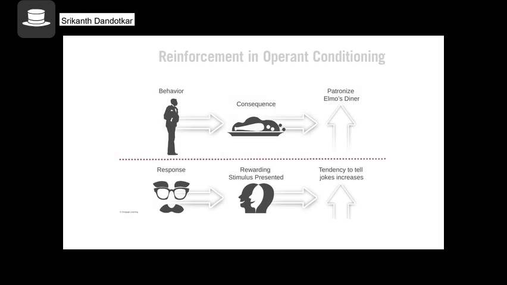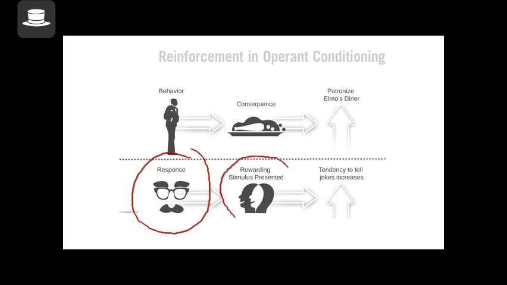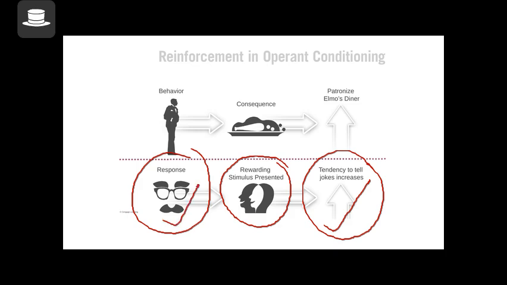So let's look at this example here. You have a response of telling a joke, and let's assume that the consequence of that response or behavior is a rewarding experience where people laughed, then you're more likely to repeat that joke. So Skinner's principle of reinforcement holds that organisms tend to repeat those responses that are followed by a favorable consequence.